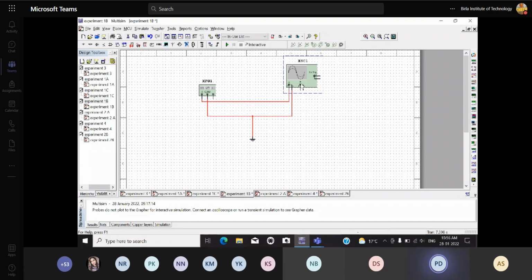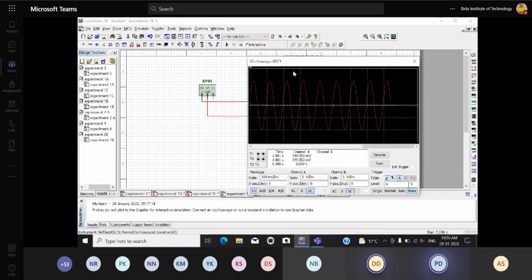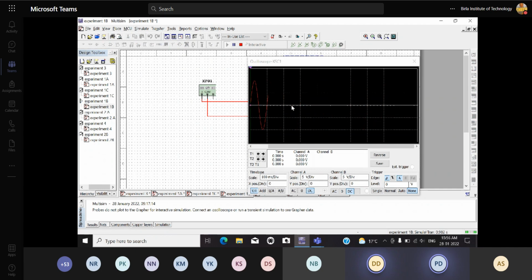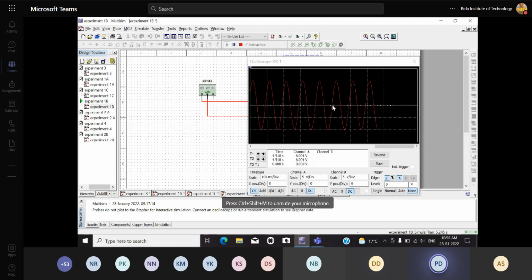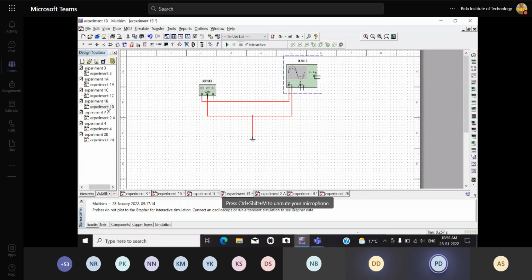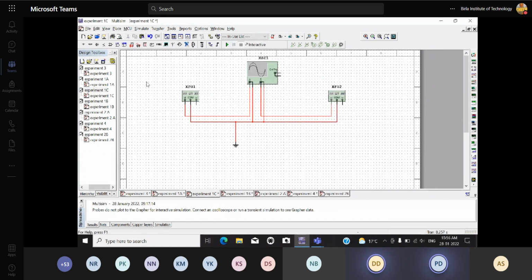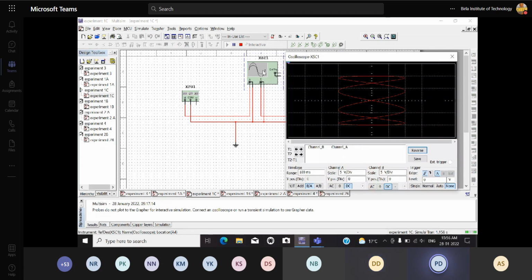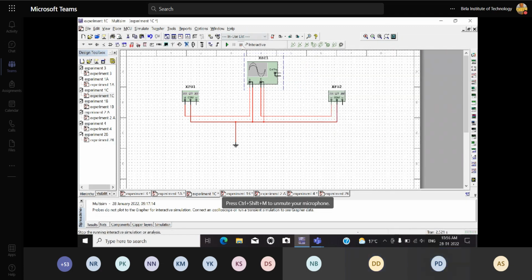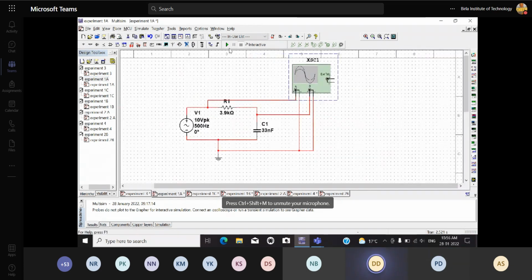And this is the first one. This is the 1B. This is the 1C.